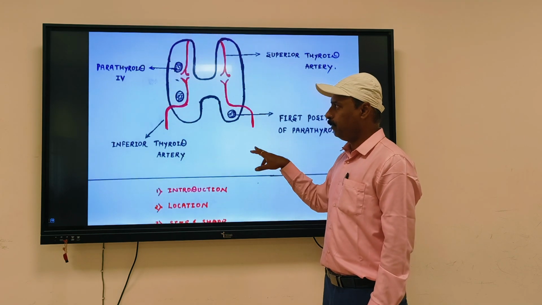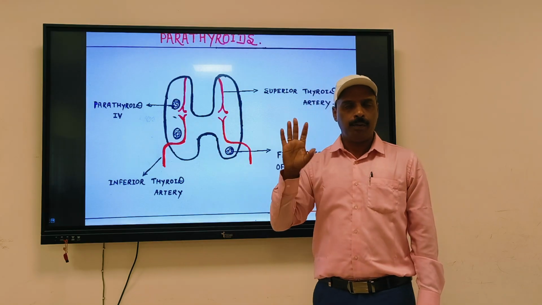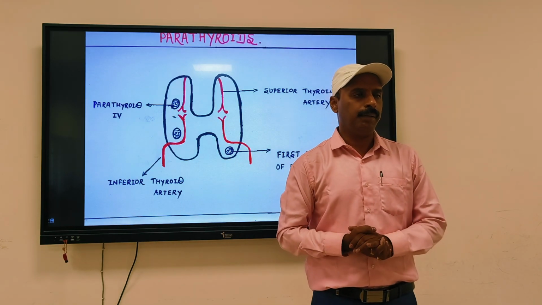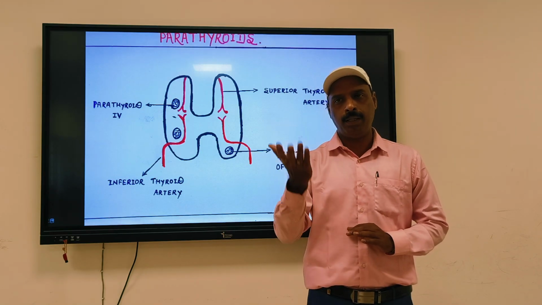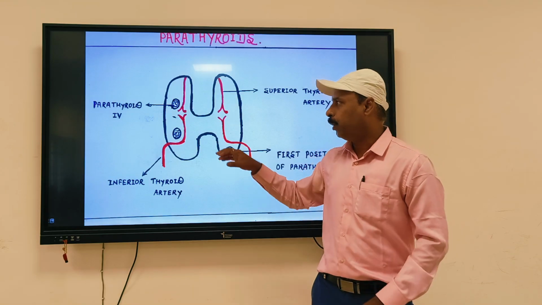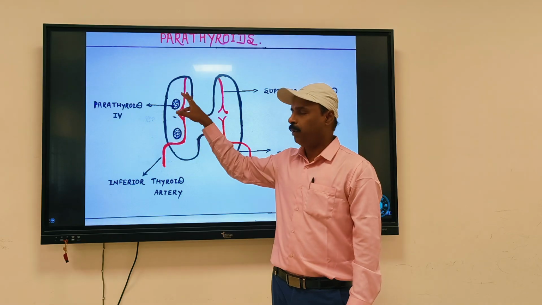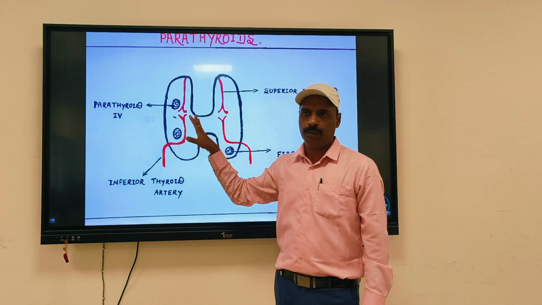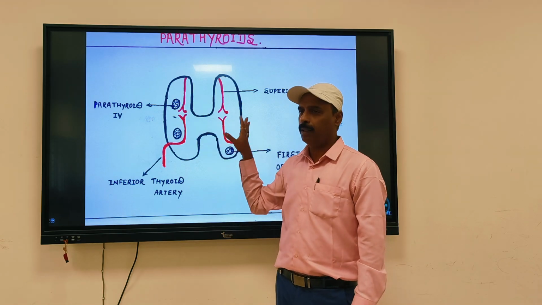Then, location. When we go to the location of the parathyroid, I have told that the thyroid has a right and left lobe, and it has an anterior border and a posterior border. So we get the posterior border of the thyroid gland. Exactly on the posterior border, we get the situation of the parathyroid glands. They are 4 in number.